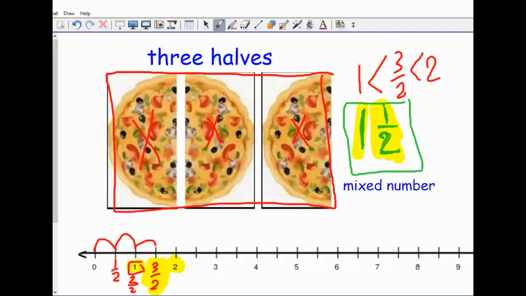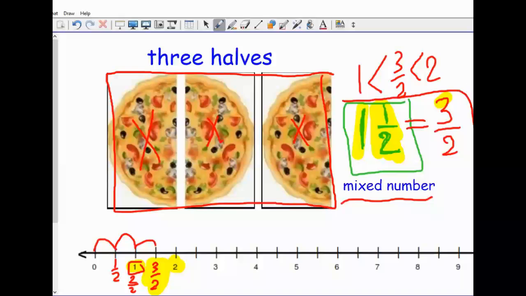So let's sum up. We counted 3 halves, and we find that 3 halves is the same as 1 and 1 half, and we call it mixed number. 3 halves is equivalent to 1 and 1 half.